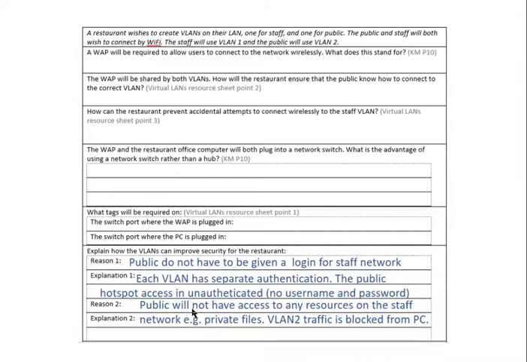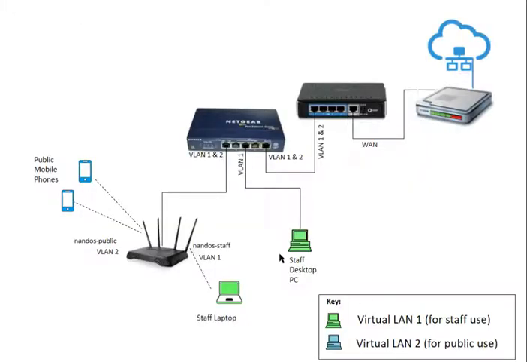Now, reason 2, the public will not have access to any resource on the staff network. Okay, so basically, if I connect to Nando's public, I'll be connecting to VLAN 2. Any sort of requests for information I try to send to the staff desktop PC, well, for a start, it won't even appear on the network, and secondly, no traffic at all will be allowed down VLAN 1 from any devices connecting on VLAN 2.